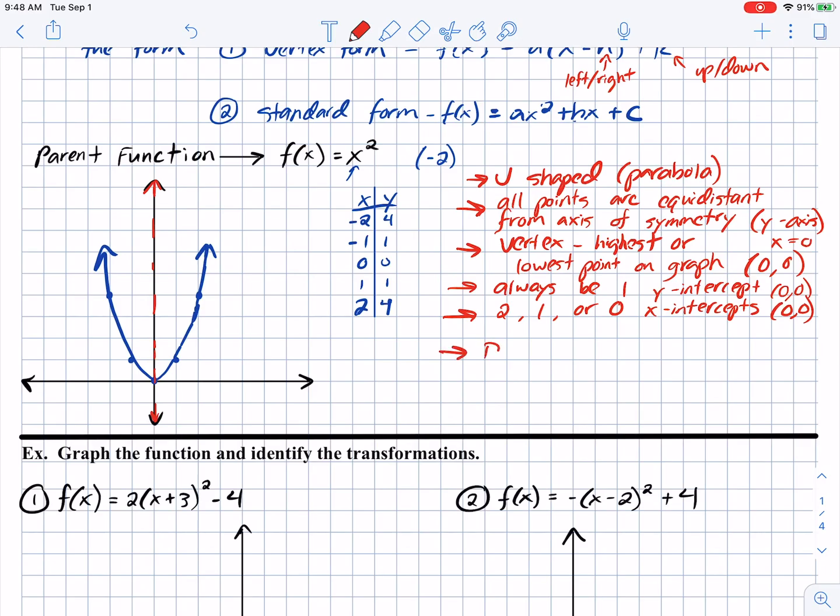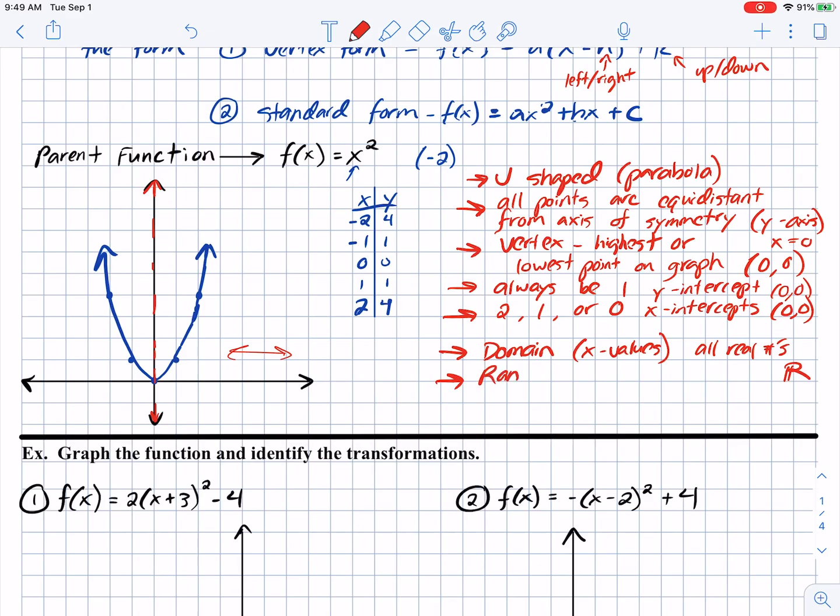Domain. Domain is the x values that you can plug into this function. Okay, and you can plug in any x value. If you look, this function covers everything left to right. So our domain here would be all real numbers, or you could use this symbol, two L's with your R. And then your range.